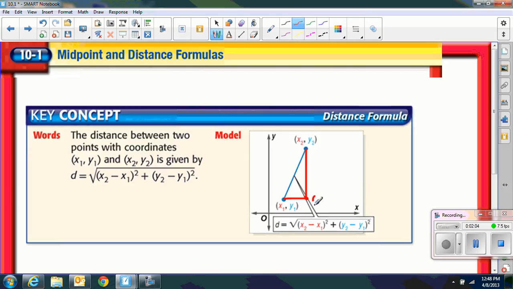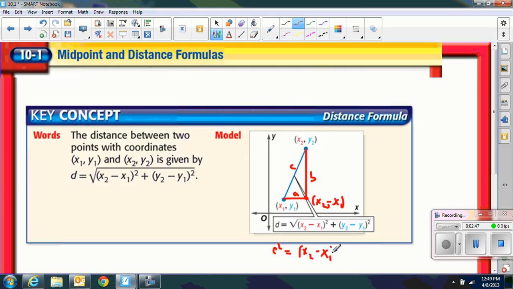And this right triangle contains this third point, which is the point x2, y1. Now, the Pythagorean theorem says a squared plus b squared has to equal c squared. Well, c is this d, the distance. So c squared equals a squared, which is now simply the distance between these 2 points. Since the y's are the same, it's the x that's changing, so I take this x coordinate minus this x coordinate, or x2 minus x1.